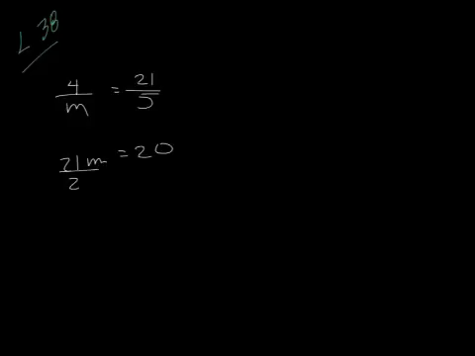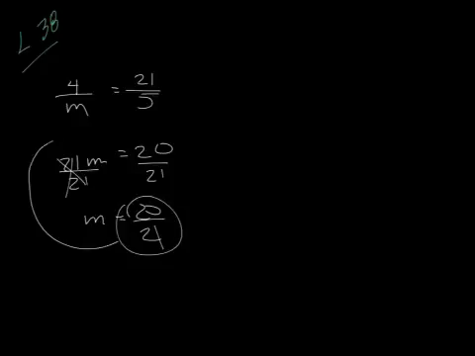We divide by 21, divide by 21, and m equals 20 over 21. It doesn't really matter what kind of weird number you come up with. That's the number that goes in there, 20 over 21. So you can have a fraction over a fraction, not a big deal.